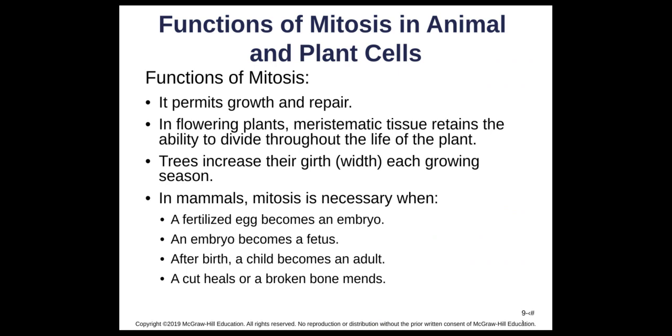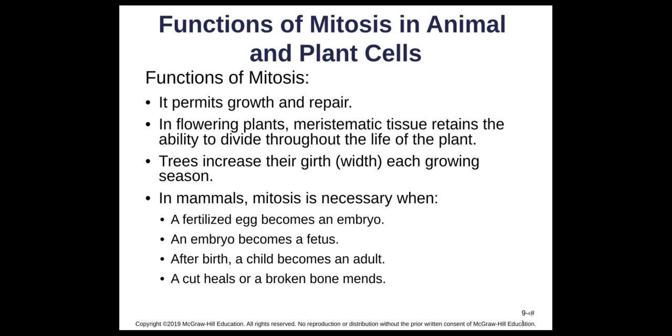Okay, what is the purpose of doing this in cells? Well, we need mitosis for growth and repair. So, like if you cut your skin, you need to replace that cut skin with new skin cells. Also, if you want to grow taller or wider, you will need your cells to divide.